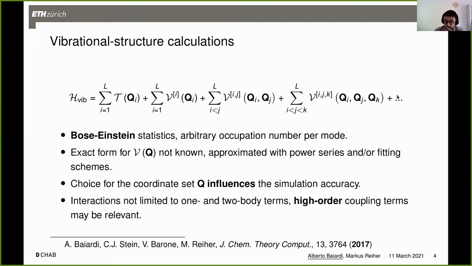And most importantly, the potential that couples the vibrations is not limited to the two-body pairwise interaction term, as it would be, for instance, in the Coulomb interaction, but includes higher order coupling terms. And we designed a DMRG variant to study this kind of Hamiltonians based on the MPS-MPO formulation of DMRG.